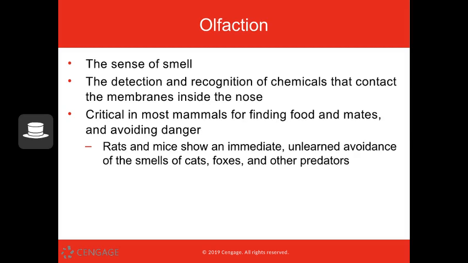So if you had some cat smell and you put it on one piece of cloth, and then you had a very sexy rat smell, and you put it on another piece of cloth, even if the rat had never seen a cat before, right? There is an inborn response where the rat is going to avoid that smell.